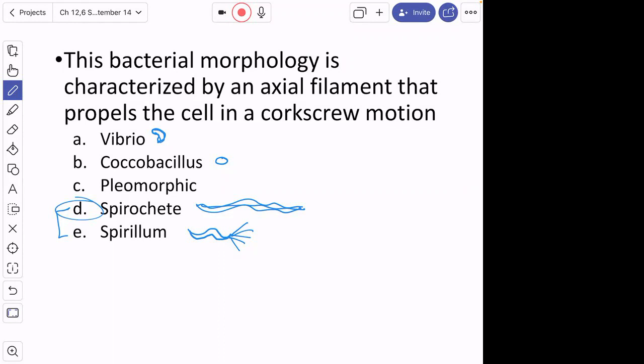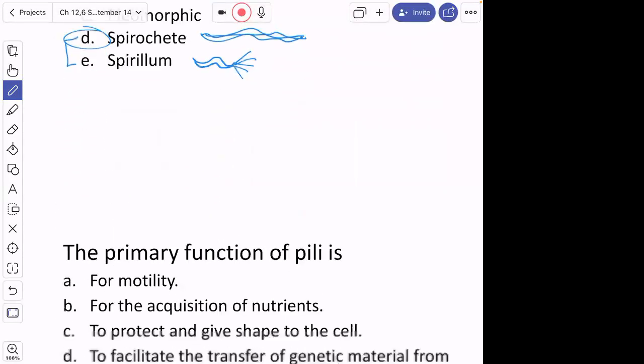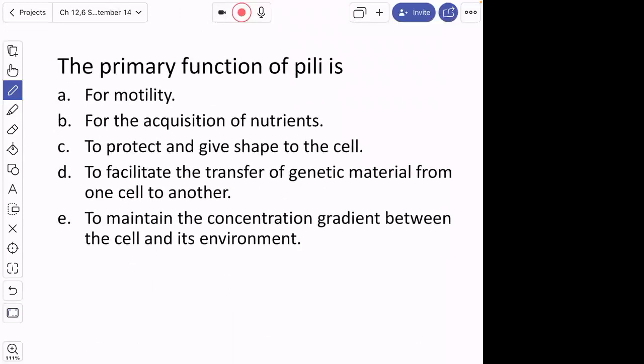Okay, and one more. Again, straightforward. What's the primary function of pili? I'll let you read that and think about what you would choose. So again, some of these answers would be correct for a different question.